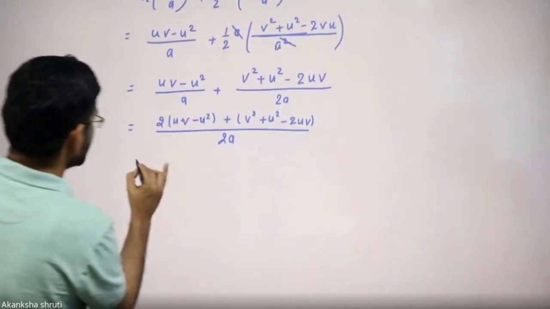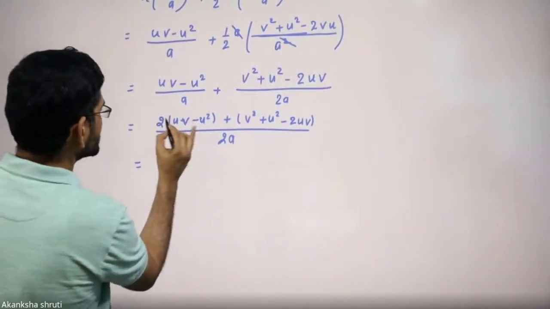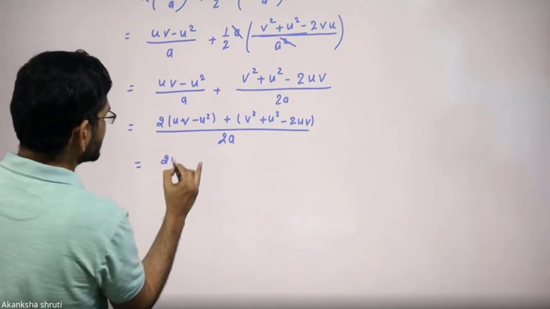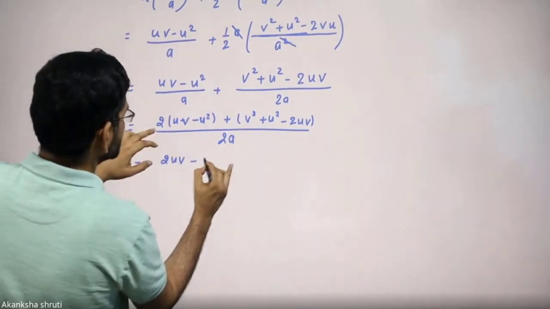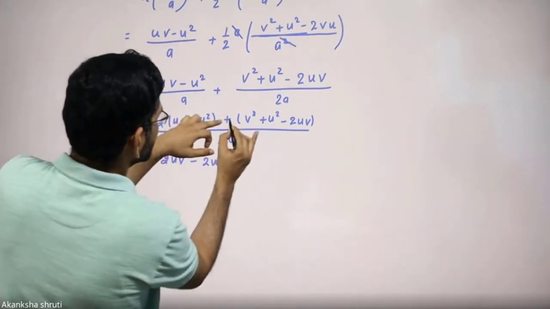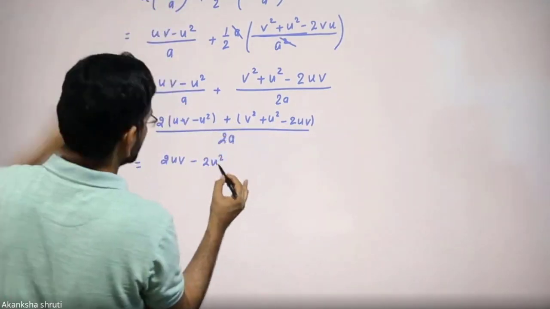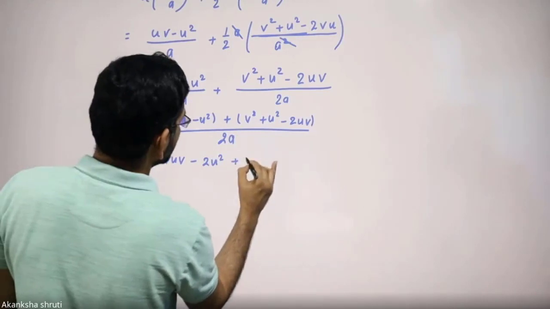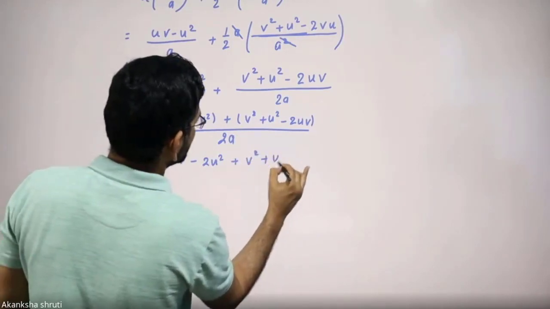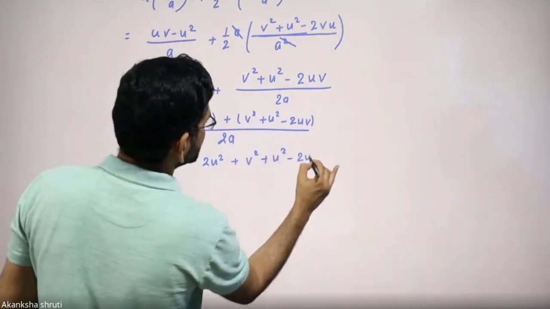Let us simplify this quickly. 2 will multiply each of these terms. So it becomes 2uv minus 2u square. Removing the second bracket, because outside this bracket there is a plus sign, no change: plus v square plus u square minus 2uv.